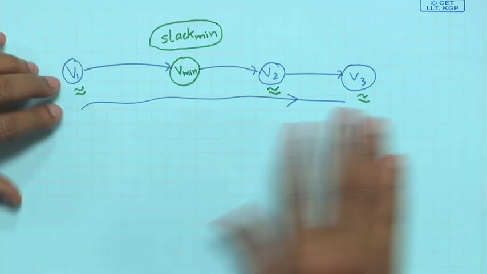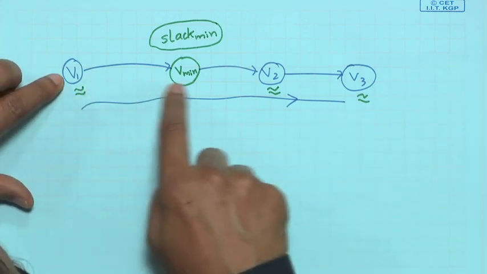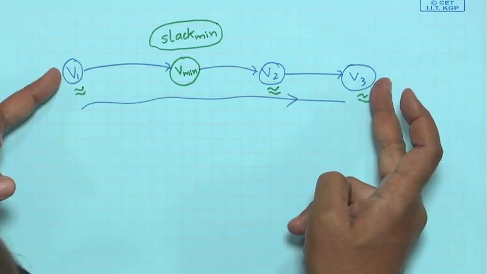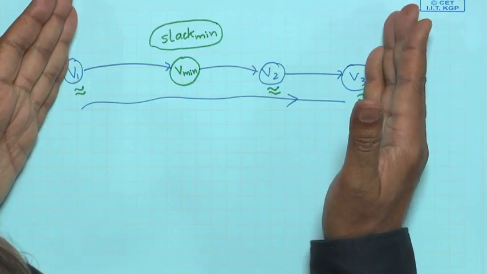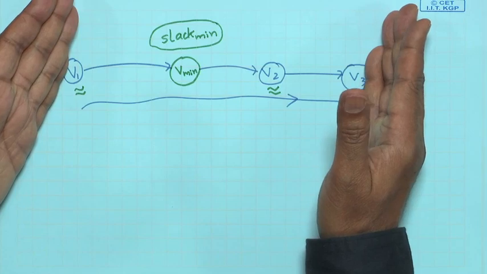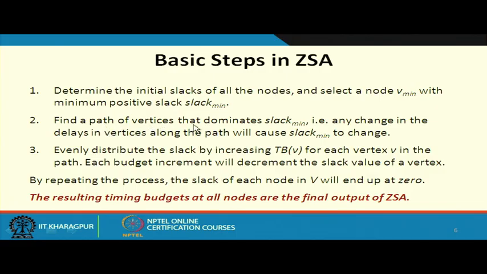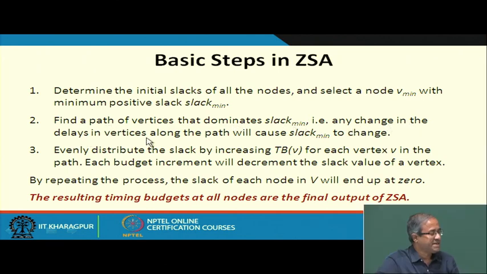Okay. So, if I can find a path in the circuit such that this property is true, then you consider that path together at a time. So, the second step says you find such a path. That means, any change in the delays in vertices along the path will also cause the slack min to change.